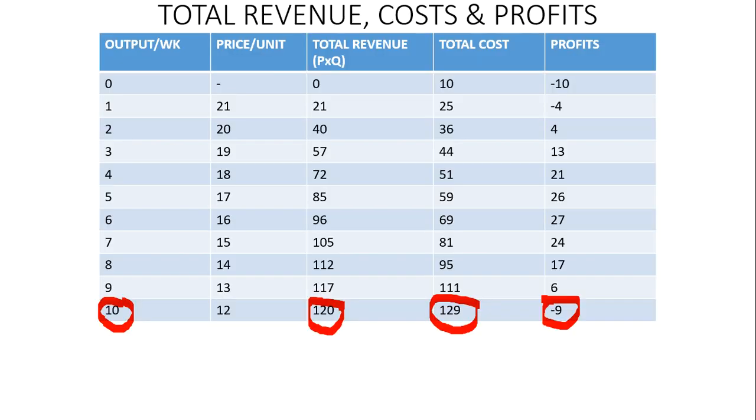Okay, so all in all, this firm should find its profit maximizing output. If you look at the profit: -10, -4, +4, 13, 21, 26, 27. Okay, so when profit hits 27, which means you are producing 6 units, right? The moment you try to produce a 7th unit, hoping that your profit will continue having an upward trajectory, you are shocked.